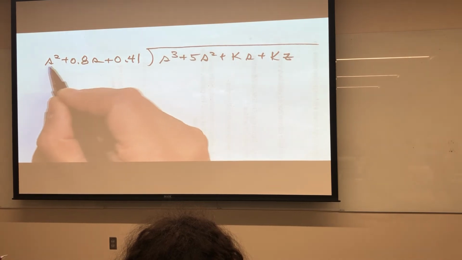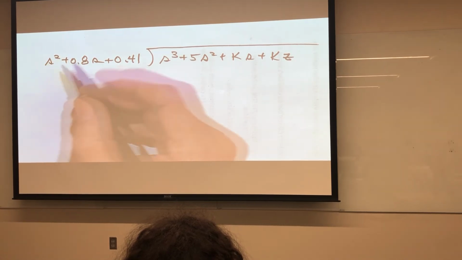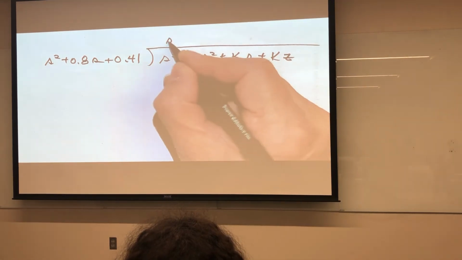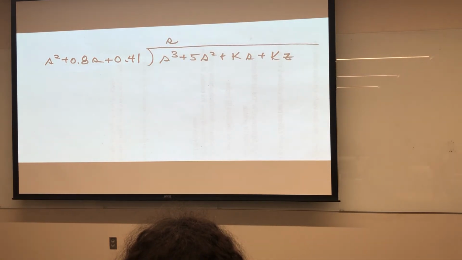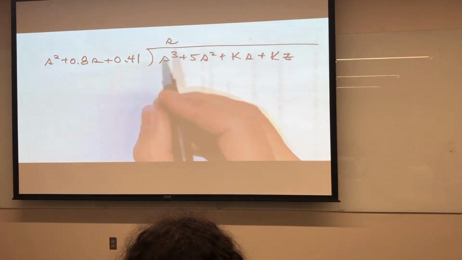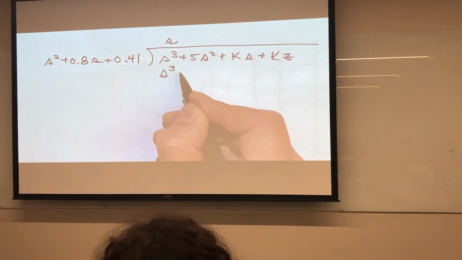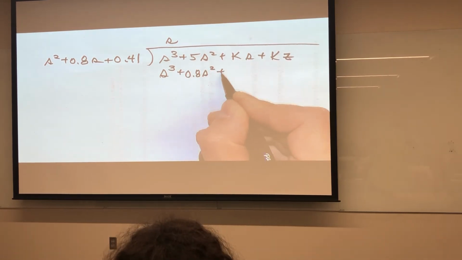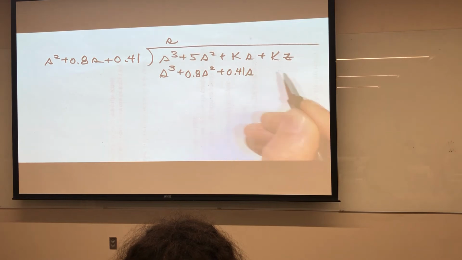I'll need an s. Okay? So let's take this s now and multiply all this out. And I'll get s cubed plus 0.8 s squared plus 0.41 s.